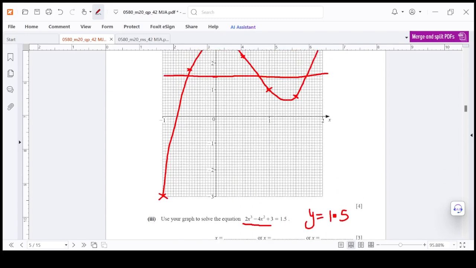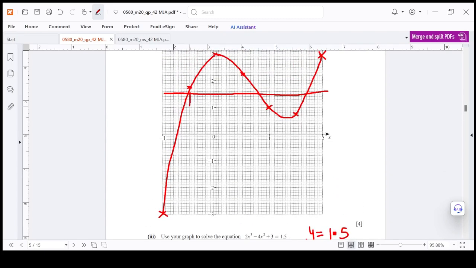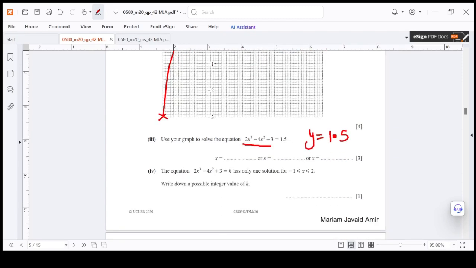Okay, so there are 3 intersections and as we can see, this would be the first value of x, this would be the second value of x, and this would be the third value of x. So roughly I am getting, is this like minus 0.5? Let's just write it down. So I'm roughly getting minus 0.5.